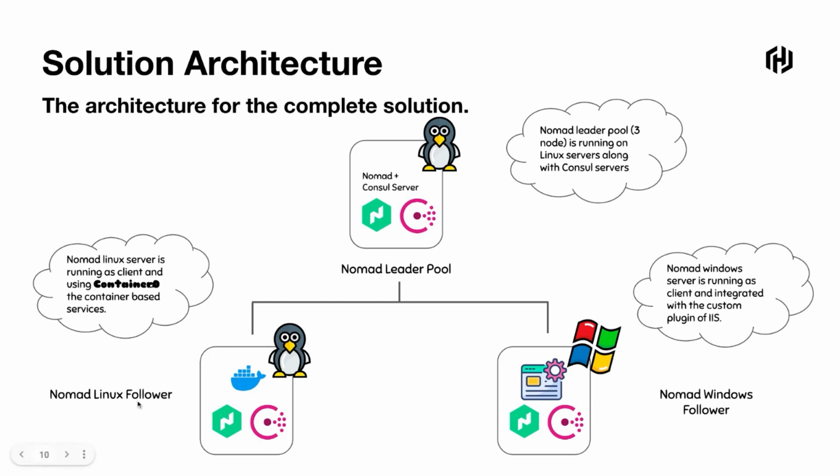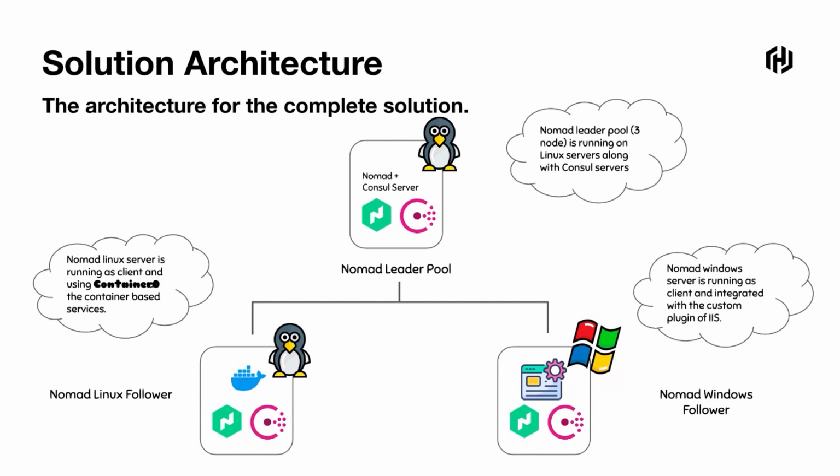Now, we have a Linux follower and a Windows follower, and we divided the work. The applications running on the Docker engine were targeted at the Linux follower, so all the Dockerized applications ran on the Linux follower pool. For the .NET based applications that we wanted to run on the Windows platform, we installed our custom plugin on those nodes and targeted all the Windows based applications at that node pool.